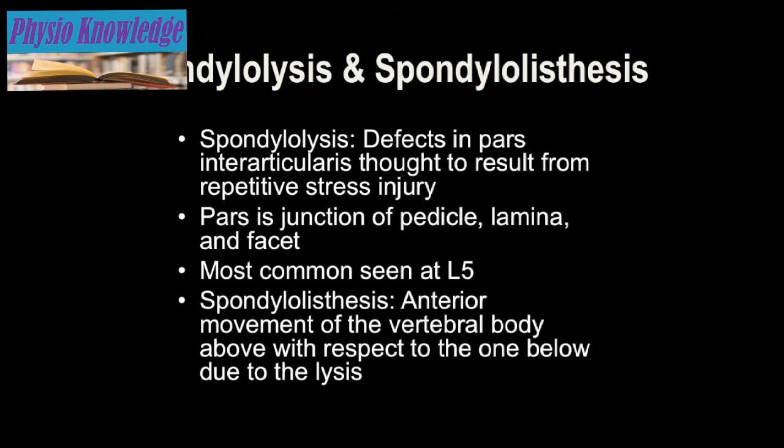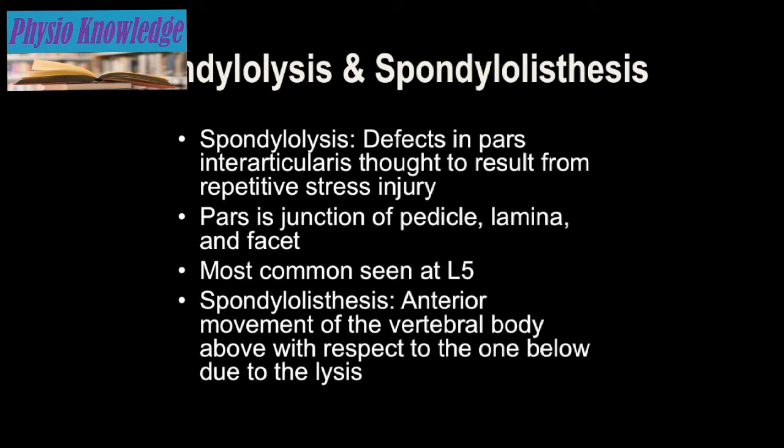So why is this important? Spondylolysis and spondylolisthesis are technical terms to describe a defect. We're talking about lysis; you can think of it in biology like lysis of the cell. And spondylolisthesis already implies there's some shift or some change in alignment. So you can have spondylolysis, in which you have the defect but not necessarily a change in alignment. And then once you have the change in alignment from the spondylolysis, then you have spondylolisthesis.